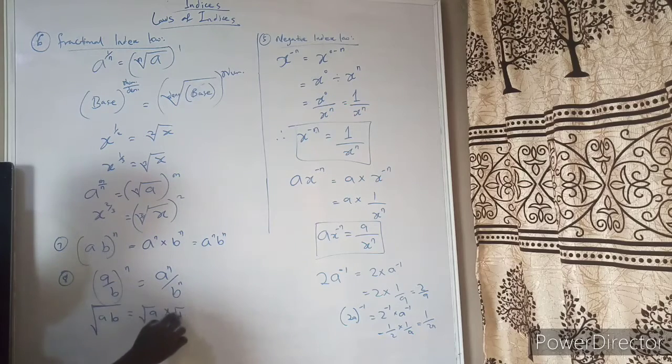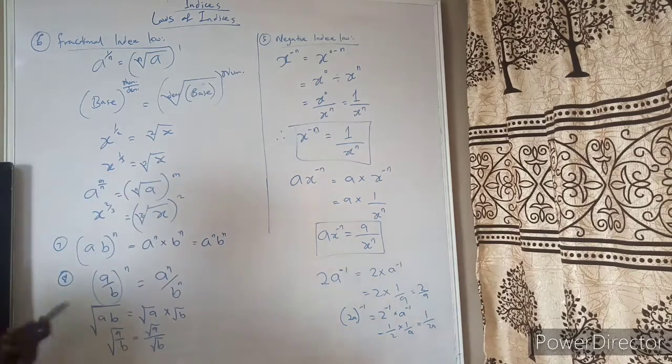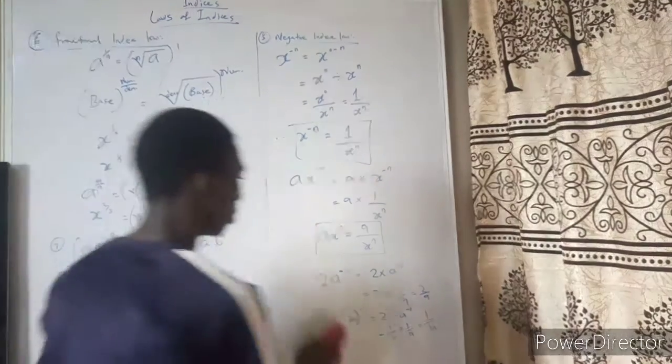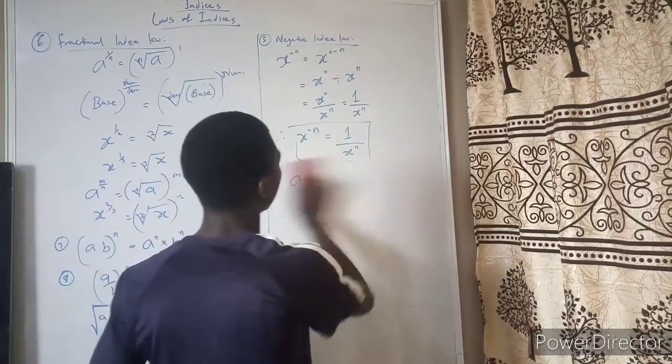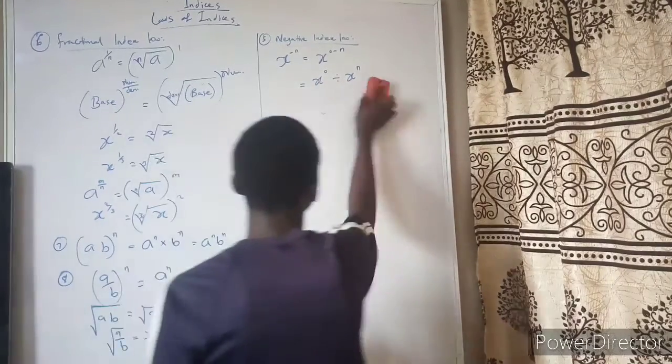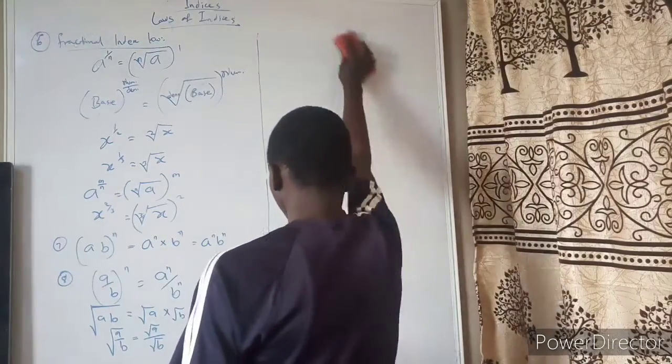Same thing for division: root of a over b is root a over root b. So that's that about this. I hope it is clear. Okay, so let's move on to the next thing.